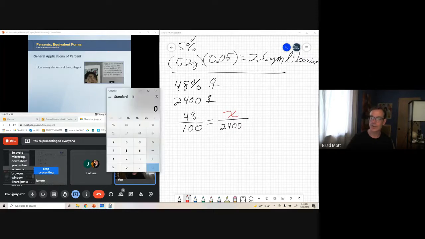So cross multiply. So x is equivalent to 1,000.